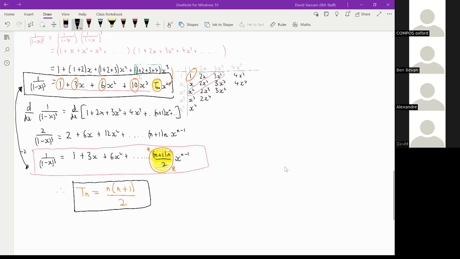I don't know. But what I imagine is new for you is that argument, where I've proved something about a sequence using a Taylor expansion. And that is your first example of something which turns out to be a really powerful idea in pure mathematics, which is a generating function.